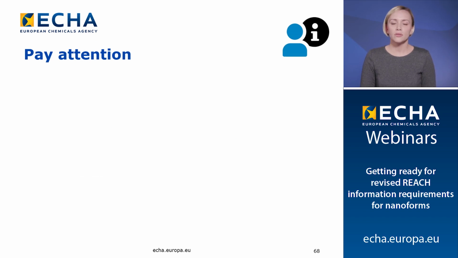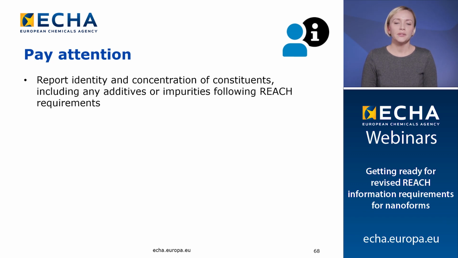When preparing your dossier, please pay attention to report identity and concentration of constituents, including any additives or impurities following the REACH requirements, and this information needs to be reported with respect to the particle without surface treatment.